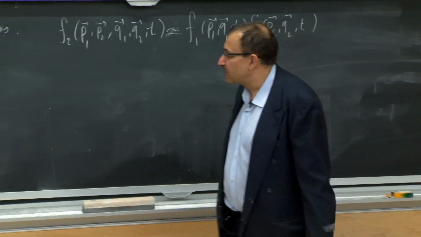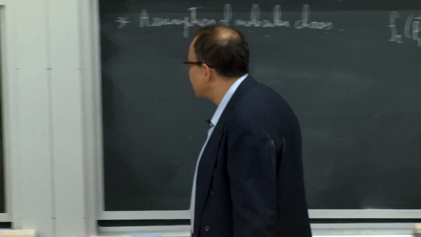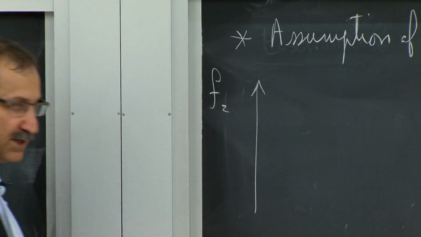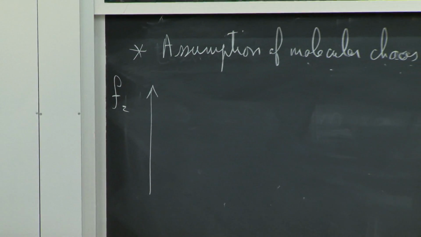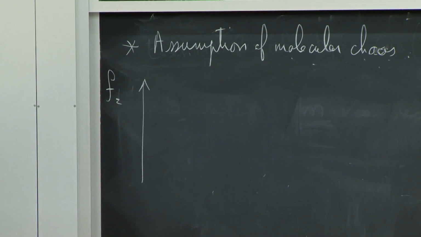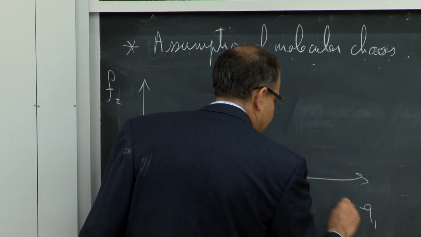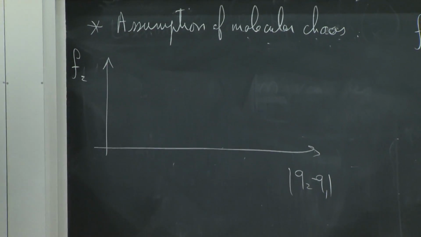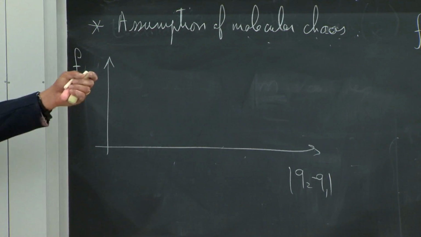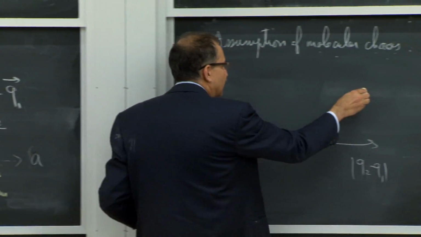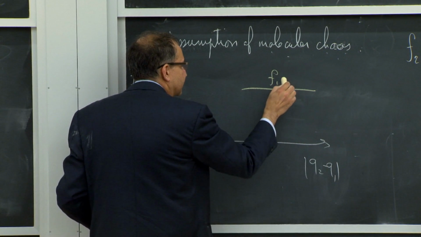Now, of course, this assumption is generally valid. If I were to look at the probability that I have two particles as a function of, let's say, their relative separation, I certainly expect that if they are far away, the density should be the product of two one-particle densities.